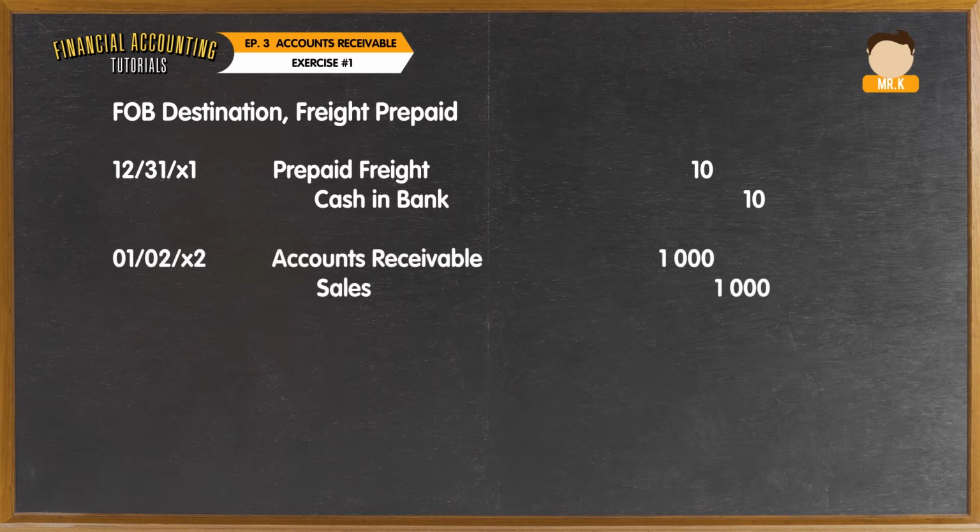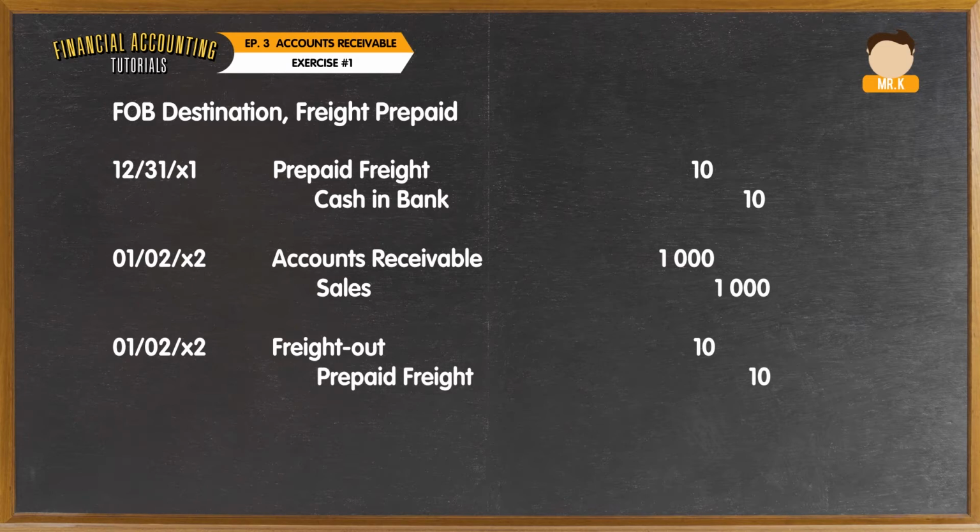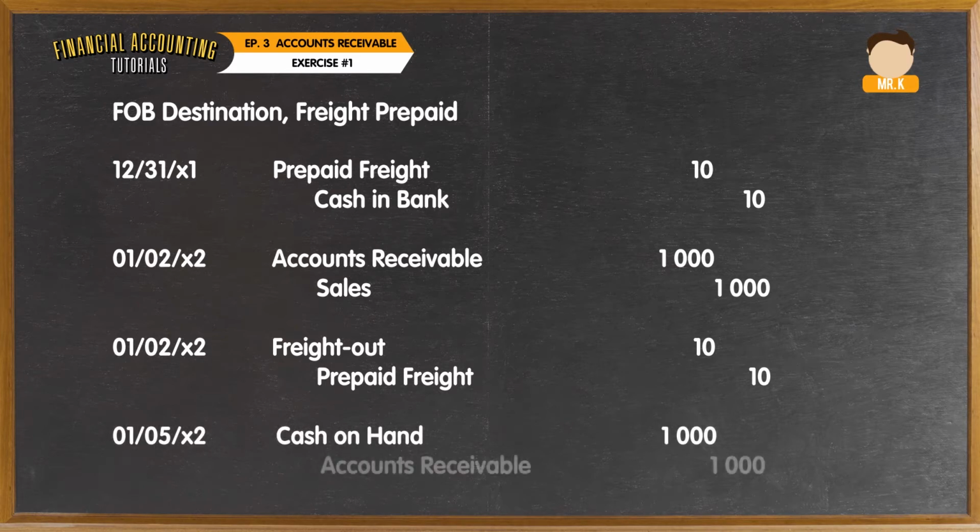This is to record the sale on account. Now on January 2, 2012 again, there would be a debit to freight collect and a credit to prepaid freight of 10 pesos to charge prepaid freight to expense. Lastly, on January 5, 2012, a debit to cash on hand and a credit to accounts receivable, both in the amount of 1,000 pesos to record the settlement of accounts receivables.